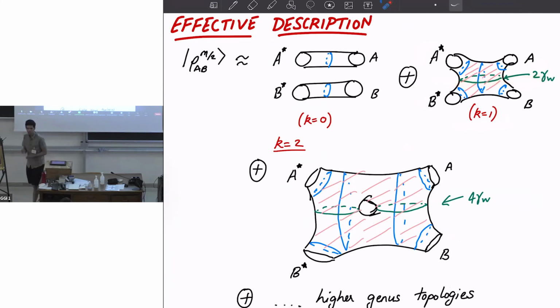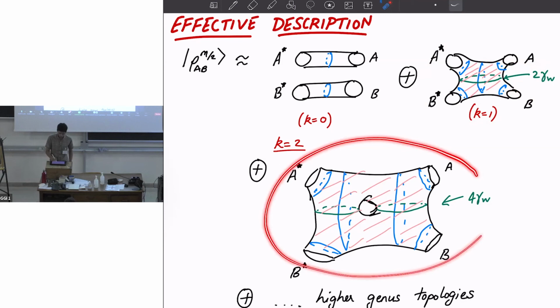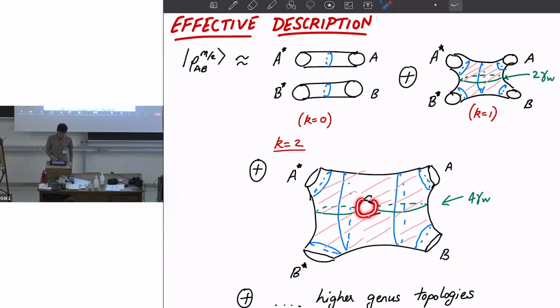These were the 2 saddles that were considered in AdS/CFT, but there's actually more analogs to these saddles. You can also have 4-boundary wormholes which have a genus. So you can take 2 copies of this, glue them together at the extremal surfaces, and you end up with a 4-boundary wormhole with a handle.